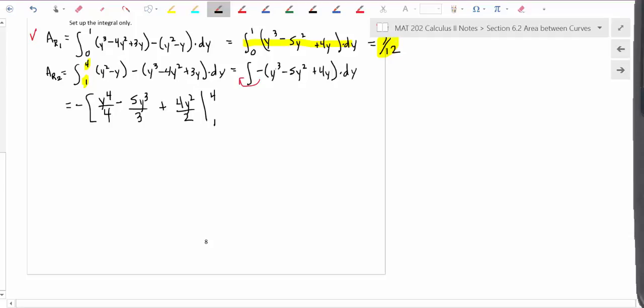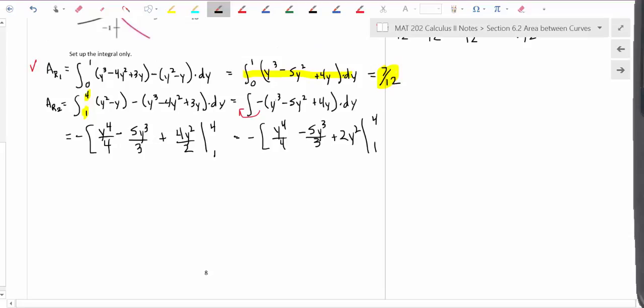Okay, so this is going to be the same thing as a negative y to the fourth over 4 minus 5y to the third over 3 plus 2y to the second, evaluated from 1 to 4. Okay, so let's go ahead and work out the details there. Okay, so I'm going to draw a big bracket. When I do the fundamental theorem, I'll be evaluating the upper limit and subtracting the evaluation of the lower limit.